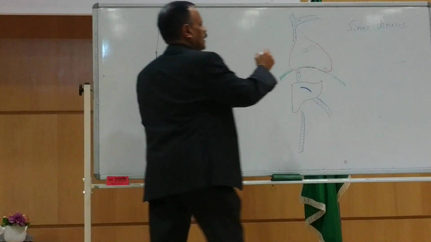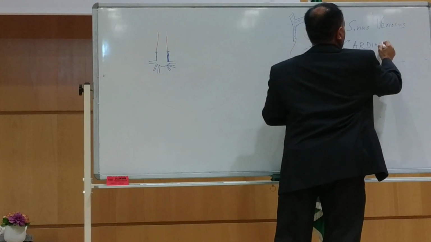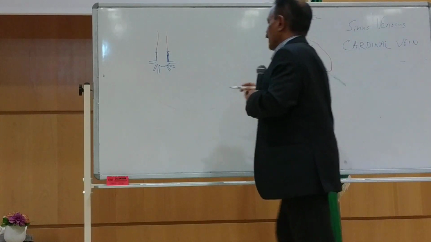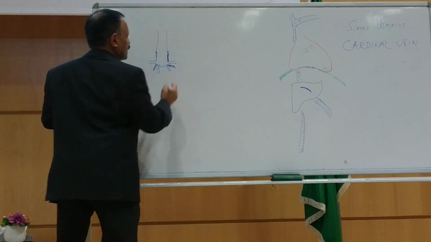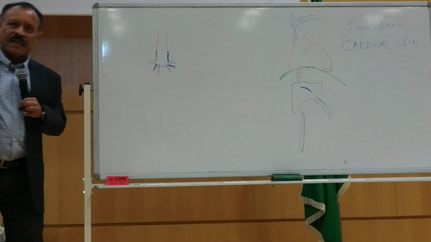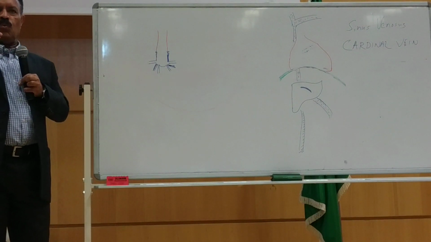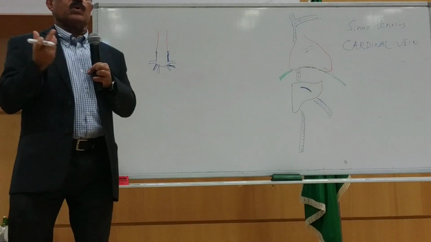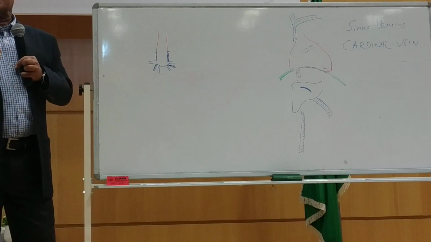So I write over here, cardinal vein. Another vein, this one for example, is called the umbilical vein. Remember? Umbilical vein. That's carrying the oxygenated blood. Initially there are two, but then one quickly goes away. I'm going to tell you that a little later. But it is the umbilical vein.